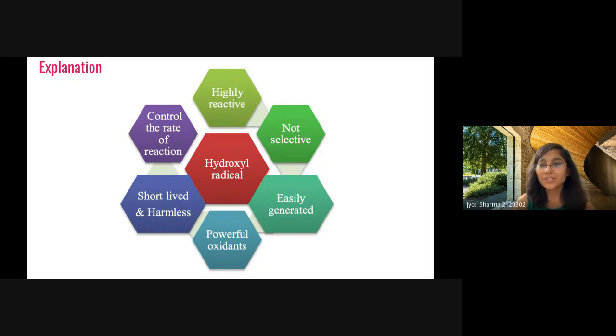It is easily generated. It is a very powerful oxidant. It is short-lived and harmless. This is again the advantage, that it is short-lived and harmless, and we can control the rate of reaction. So these are the positive sides of why we are using hydroxyl radical for the advanced oxidation process to treat the water.